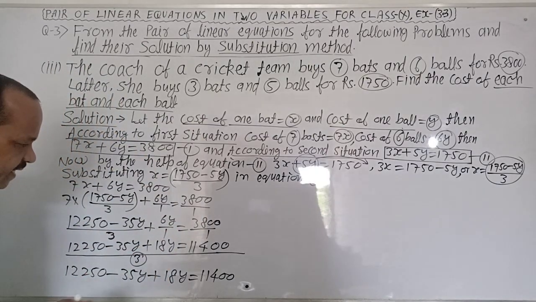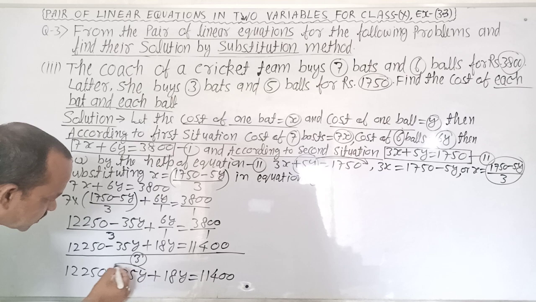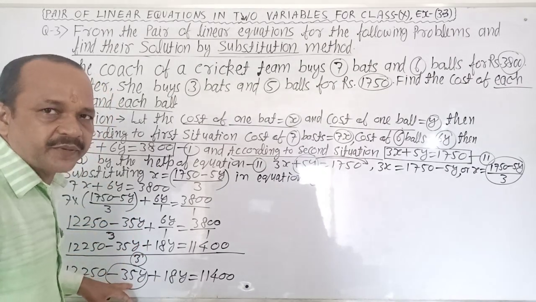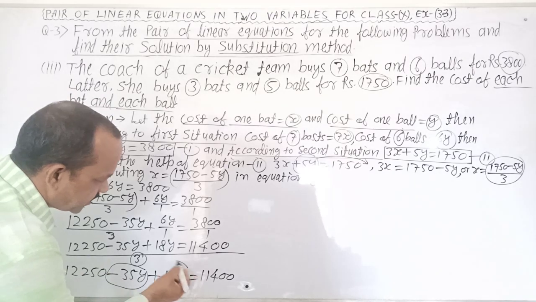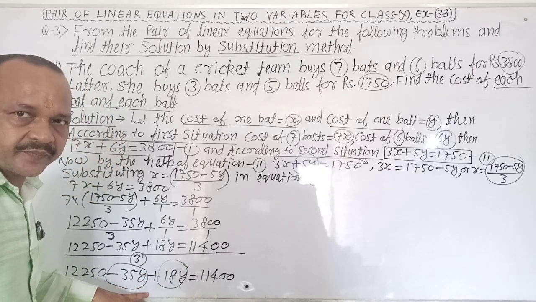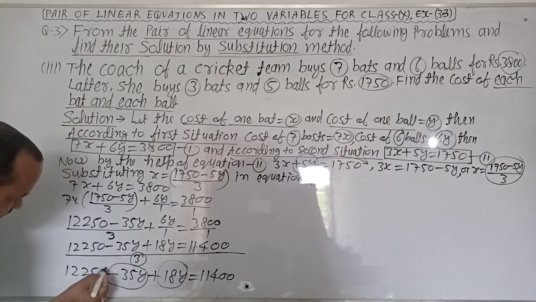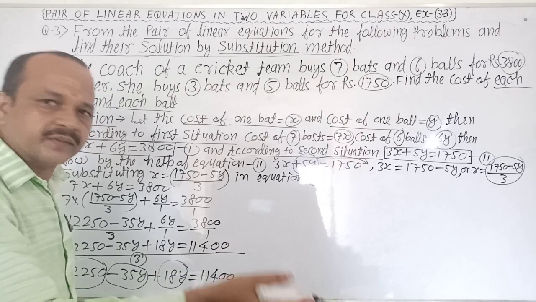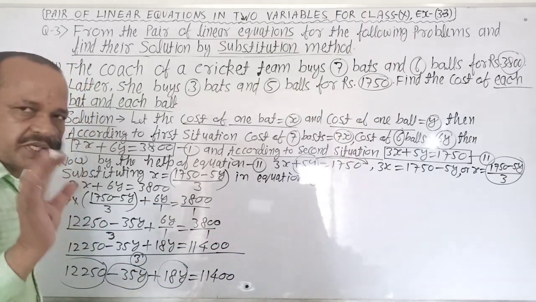Here you can write minus 35y, and here plus 18y. You can subtract it, and you write 12,250 on the right side of equal. Clear?